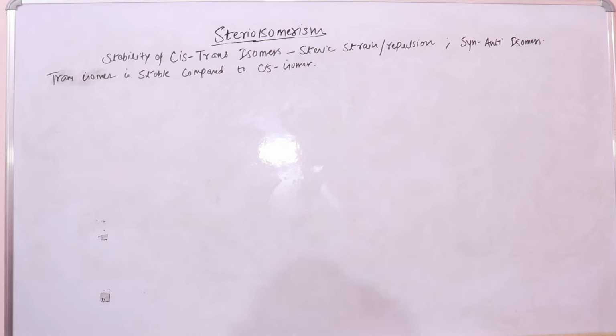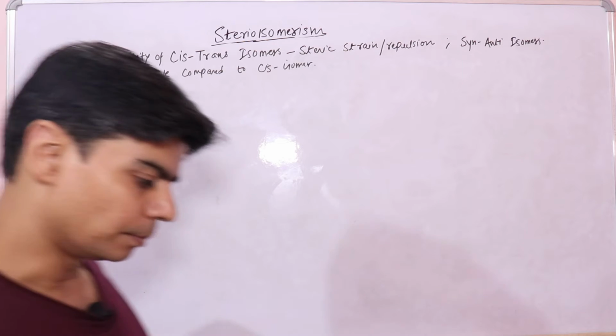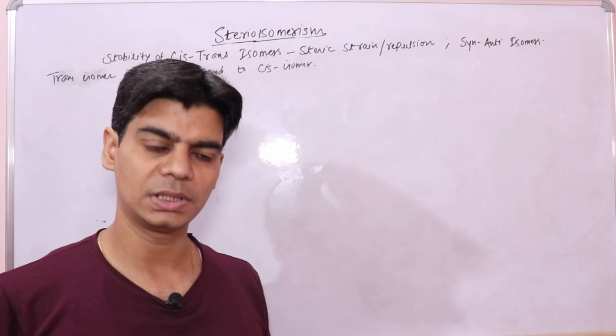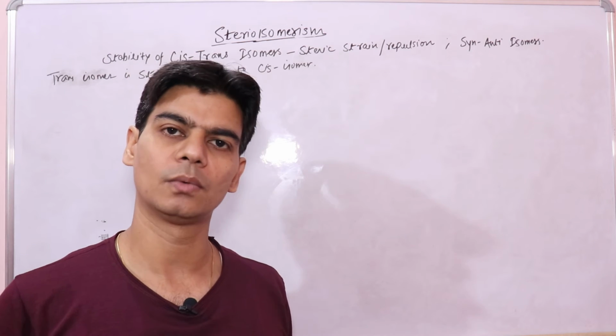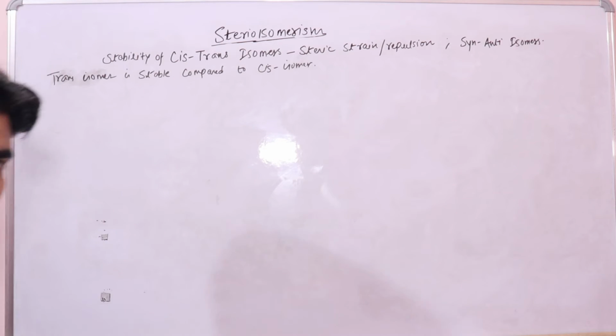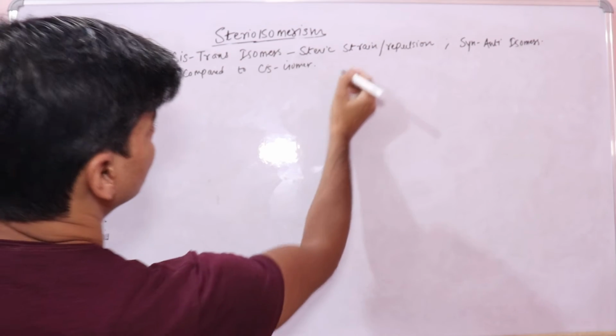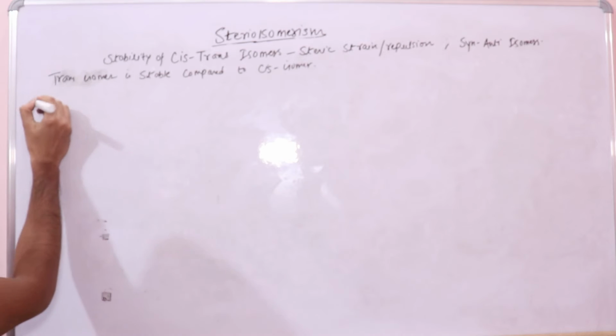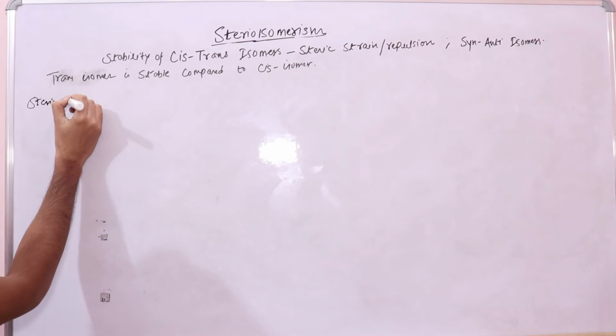Now we'll introduce a term, steric repulsion or steric strain. We also call it van der Waals strain. To understand the stability of cis and trans isomers, there is something known as steric repulsion.